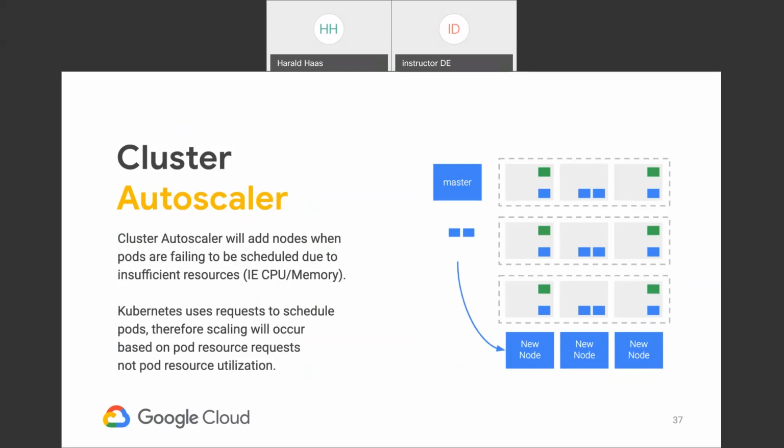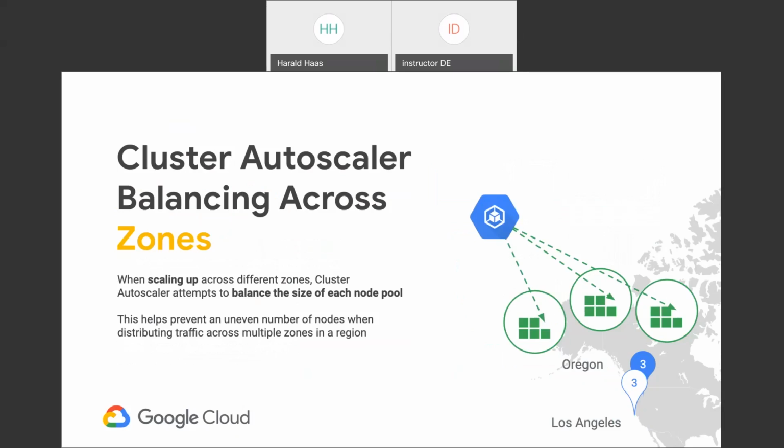So the cluster autoscaler is a great tool at hand to make your whole workloads, your whole deployment even more flexible and even more automatic. The cluster autoscaler also balances across zones, because having multiple availability zones is really a great feature.